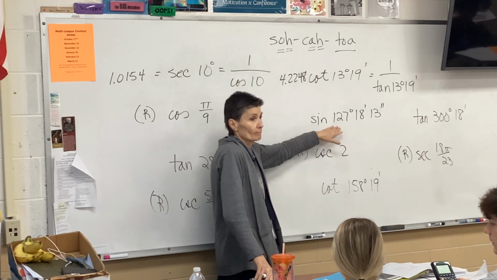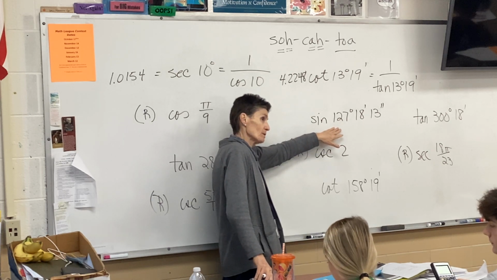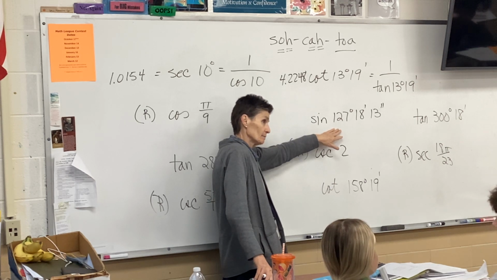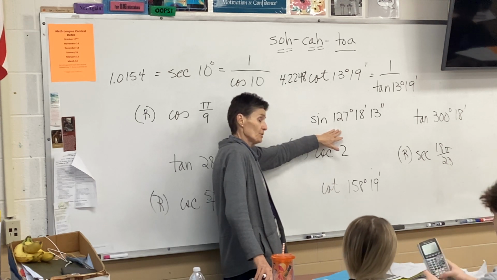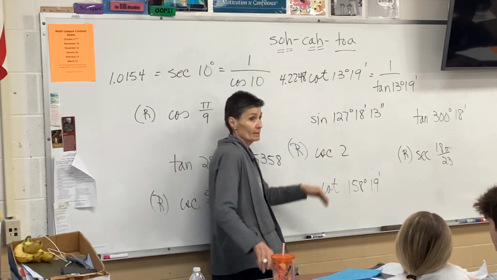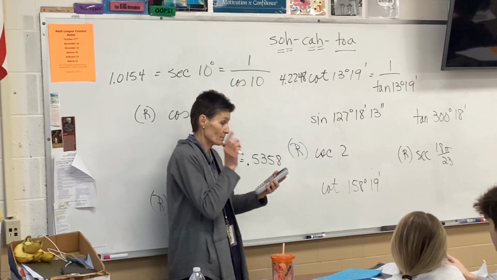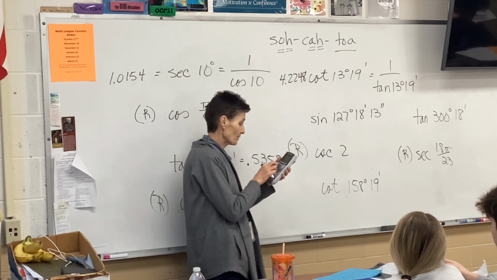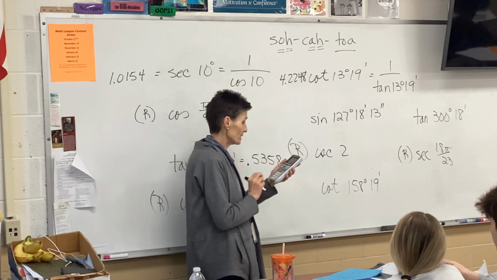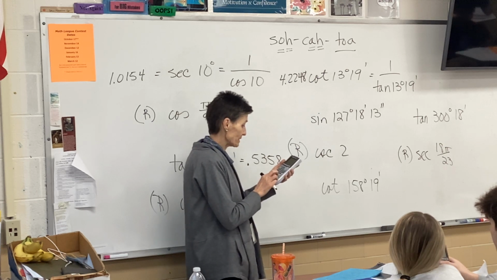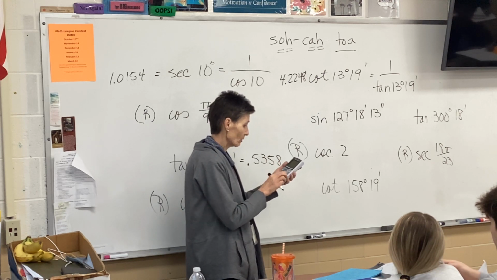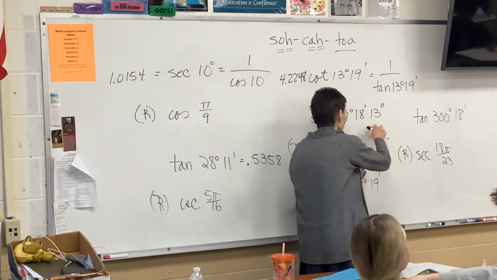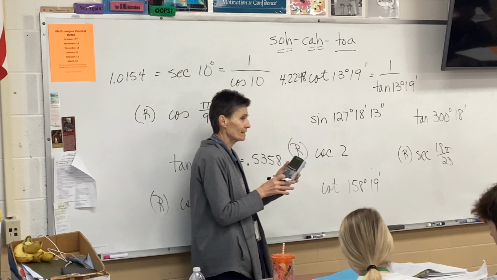All right, now we're ready for this next one. This is when things get wild and wacky. Good news is, it's a sine, and I have a sine button. I'm just gonna press sine, 147 second angle degrees, 18 second angle minutes, and then where do I get that seconds button?